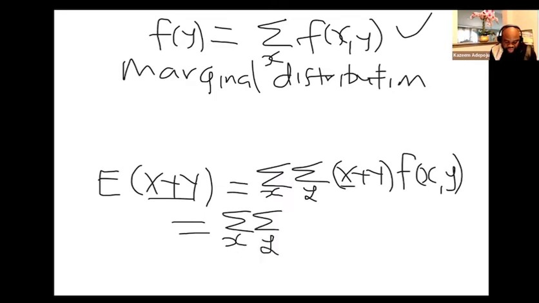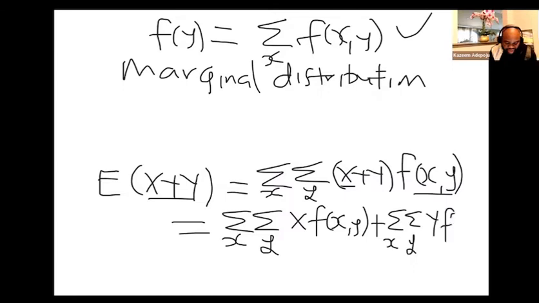I'm going to use X to multiply, plus, then I'm going to use the whole thing to multiply that. I'm actually going to have f of X, Y.